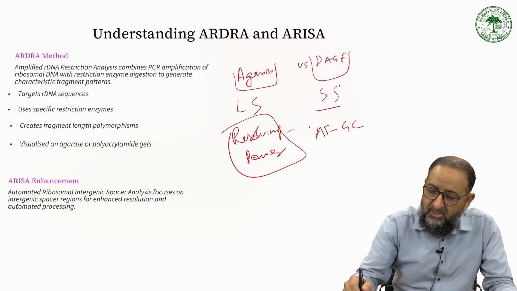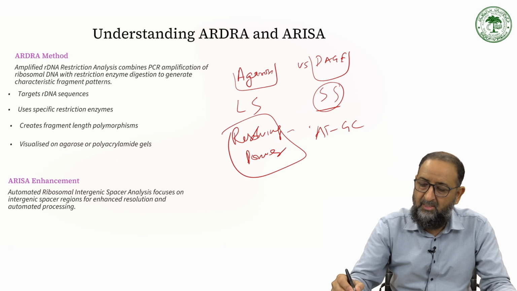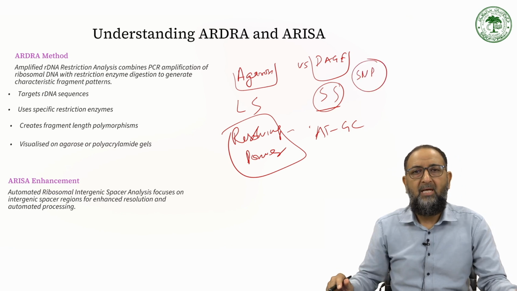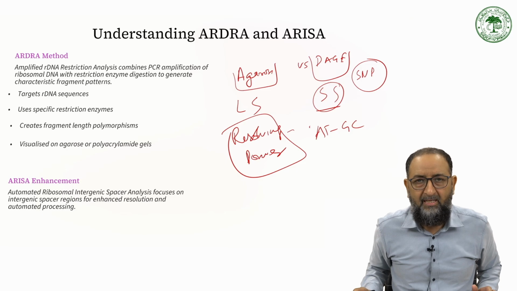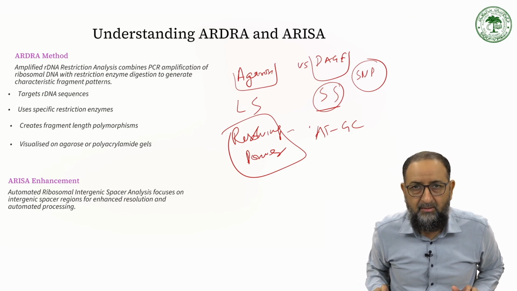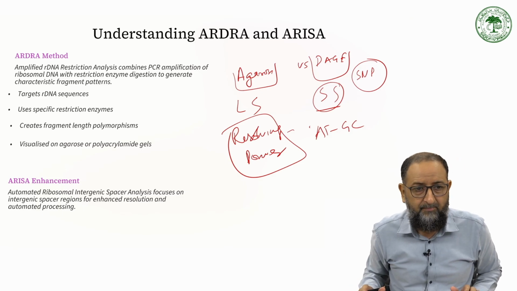Now, the smallest limit for PAGE, polyacrylamide gel electrophoresis, is a single SNP, single nucleotide polymorphism. Even a variation in a single nucleotide will be caught by PAGE, and that's how sequencing is done through PAGE.